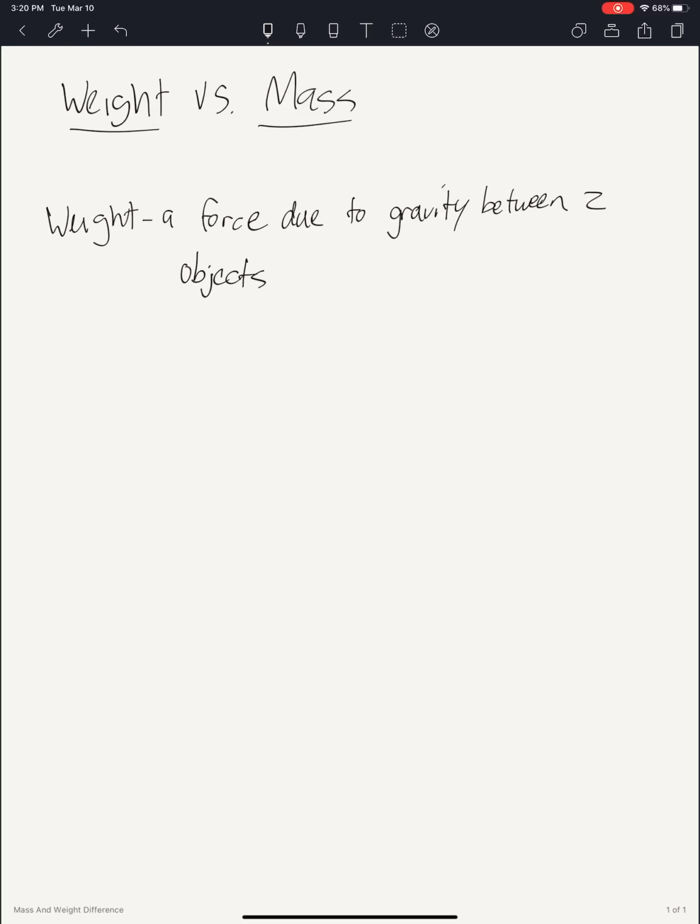And let's just go ahead and identify that mass is a measure of how much matter an object is made of.